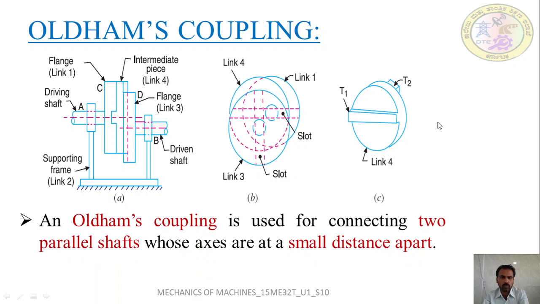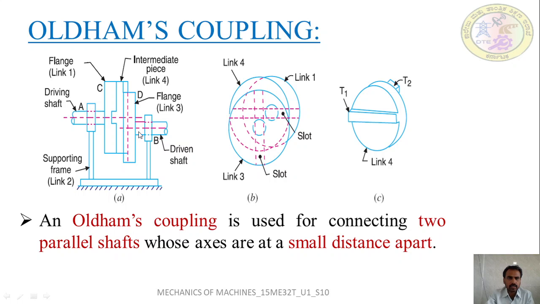Let us see one more inversion, that is Oldham's coupling. Oldham's coupling is another inversion of the double slider crank chain, which is obtained by fixing link 2. It is used when two parallel shafts are separated by a small distance.